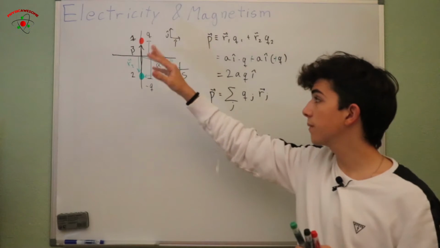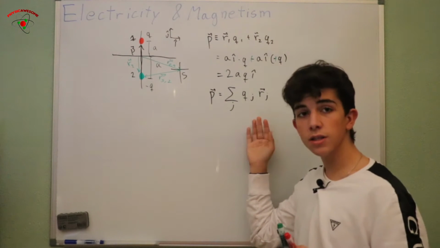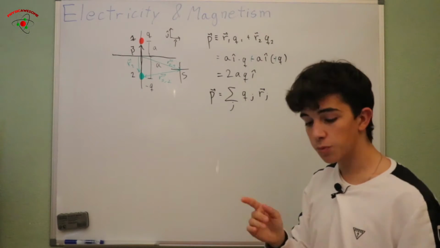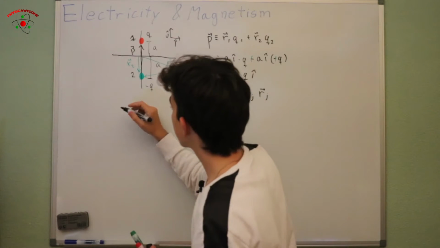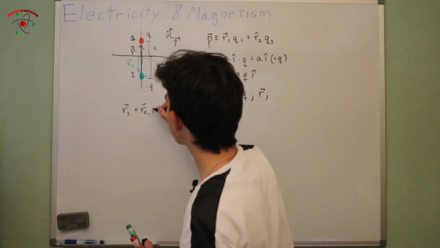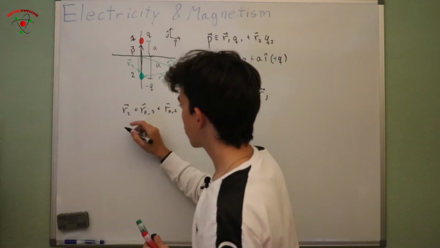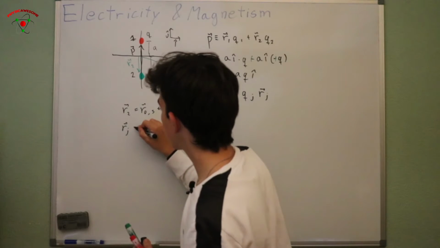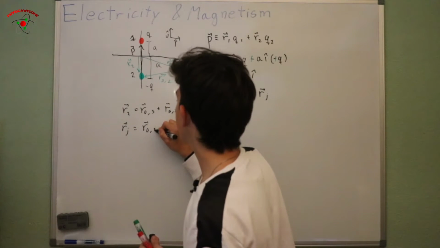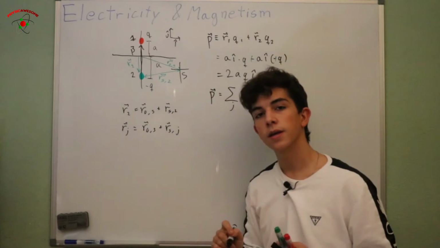In general, this can be carried out to any number of particles, and this is what we will do. But it's very important to note that r_2 is going to be equal to r_OS plus r_S2, which in general means that r_j equals r_OS plus r_Sj.